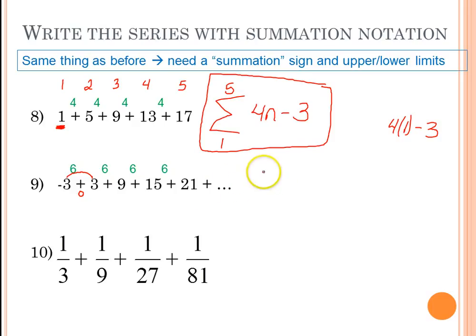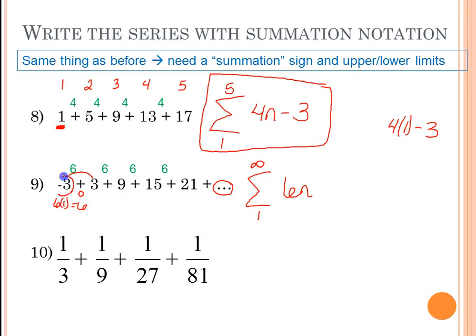There's plus signs, so I know I need my sigma. I'm starting at 1. There's a dot, dot, dot. So what goes up here for my upper limit? If there's a dot, dot, dot, it never stops. So my upper limit is infinity. Now, we said our jumps were all 6s, so 6n. And then if I put a 1 in that, 6 times 1 is 6.